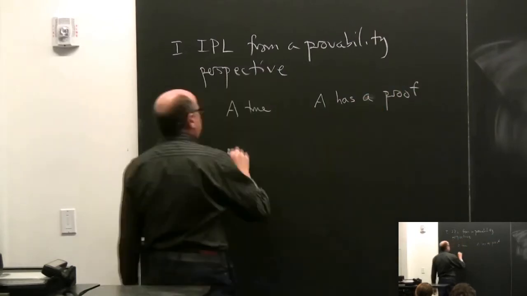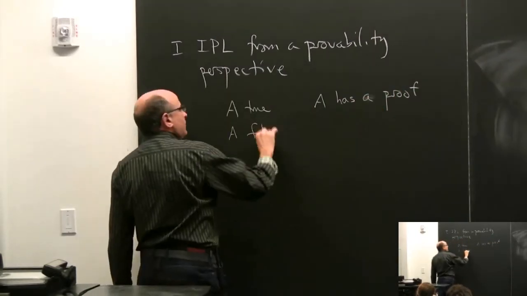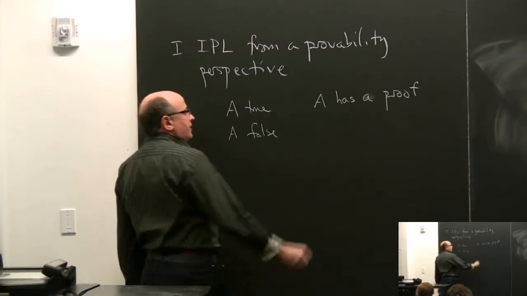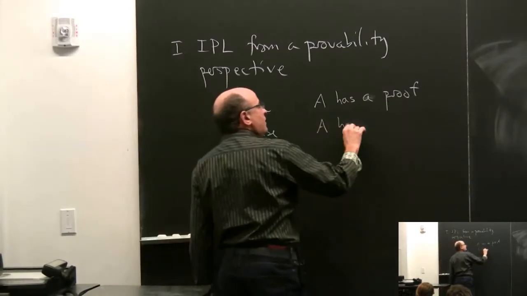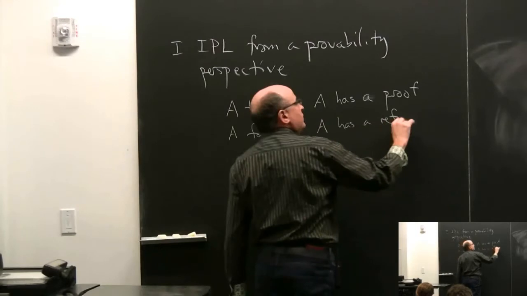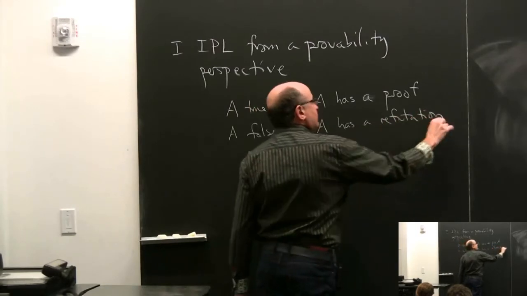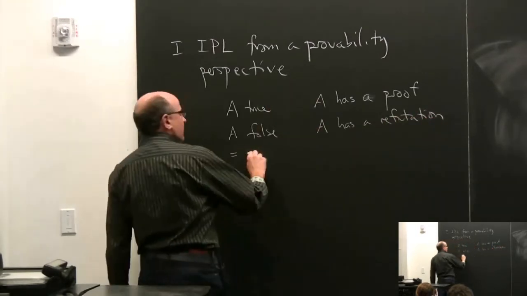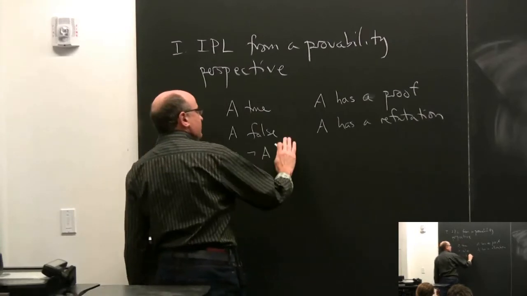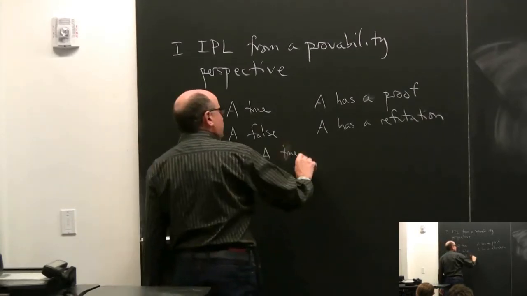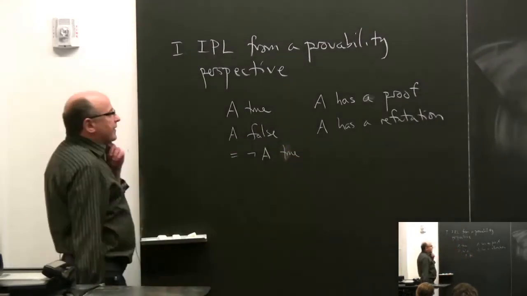It'll turn out to be definable, but we could think of A false as meaning A has a refutation, which is really just a kind of proof. This is really the same as saying the negation of A is true. But sometimes it's useful to think of it like that.